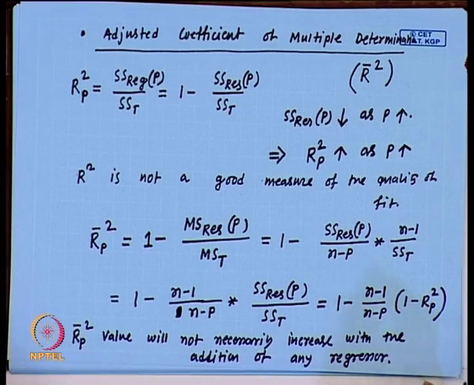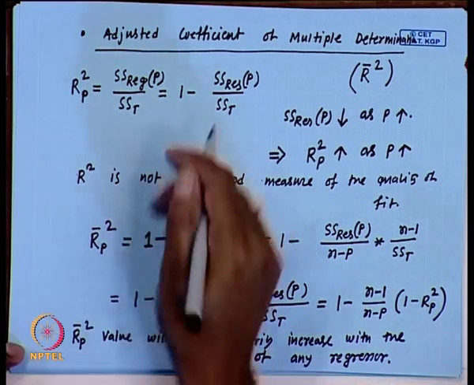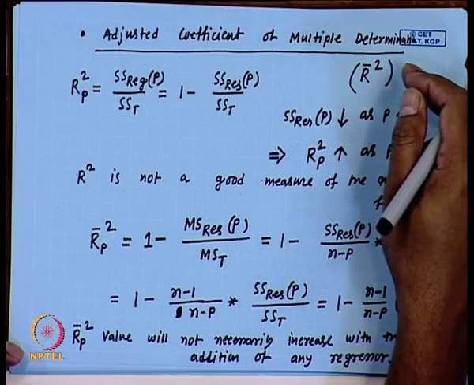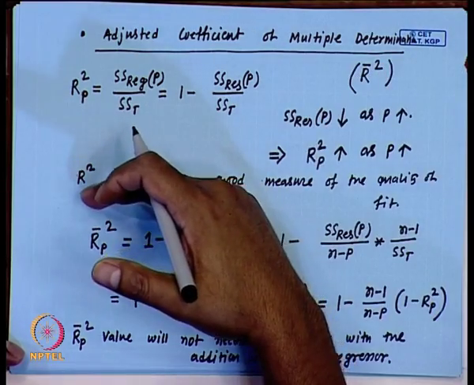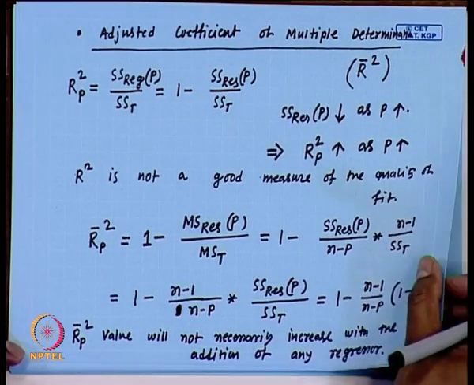So, that is why this adjusted coefficient of multiple determination is a better measure than the usual R square.